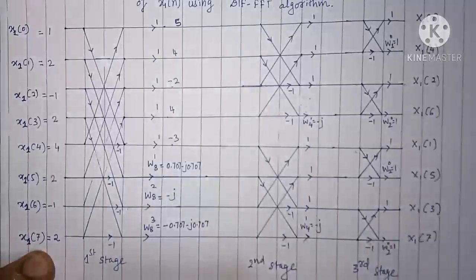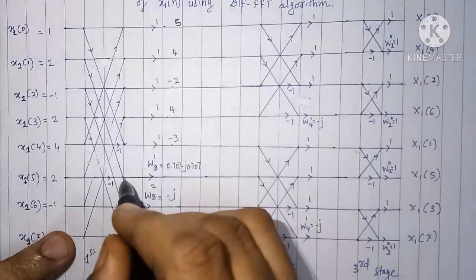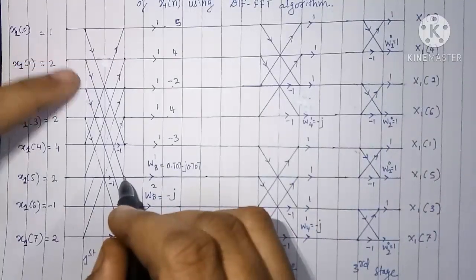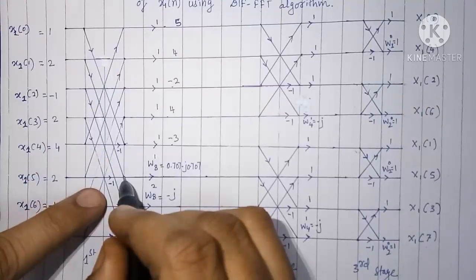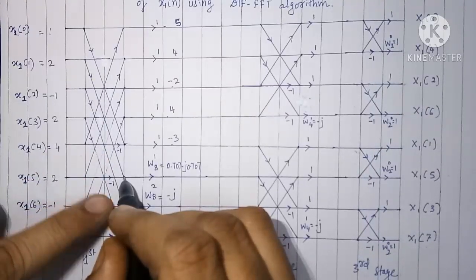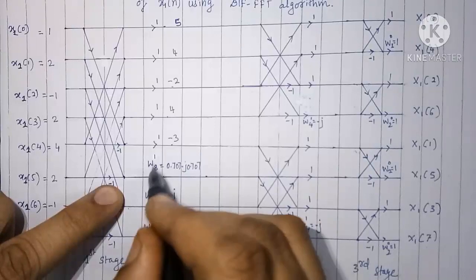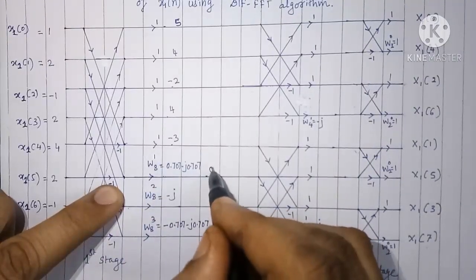At this point we will get 2 into minus 1 minus 2. So 2 minus 2 is 0. 0 into W8 raised to 1 is also 0.